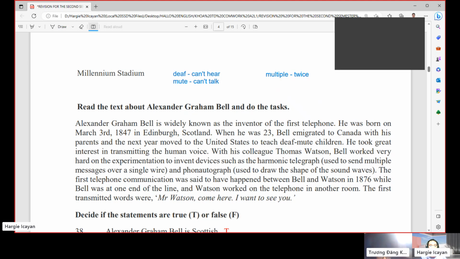He also invented the phonograph, used to draw the shape of the sound waves. The first telephone communication was said to have happened between Bell and Watson in 1876, while Bell was at one end of the line and Watson worked on the telephone in another room.